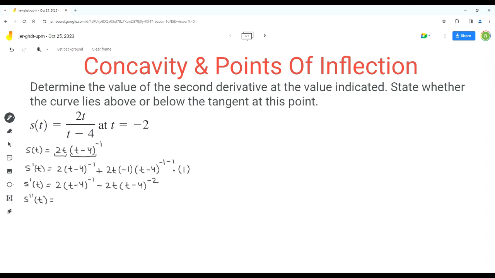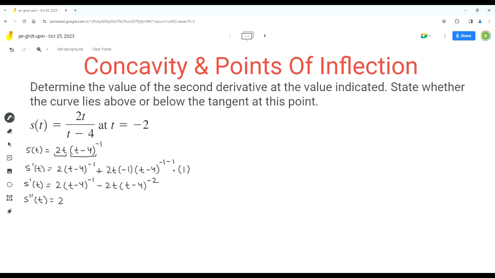For the first term, we can use chain rule. Now 2 is the coefficient of the term, so it will stay as it is. And for the t minus 4 exponent -1, we can start with the derivative of the outer function, and for that we'll use the power rule.